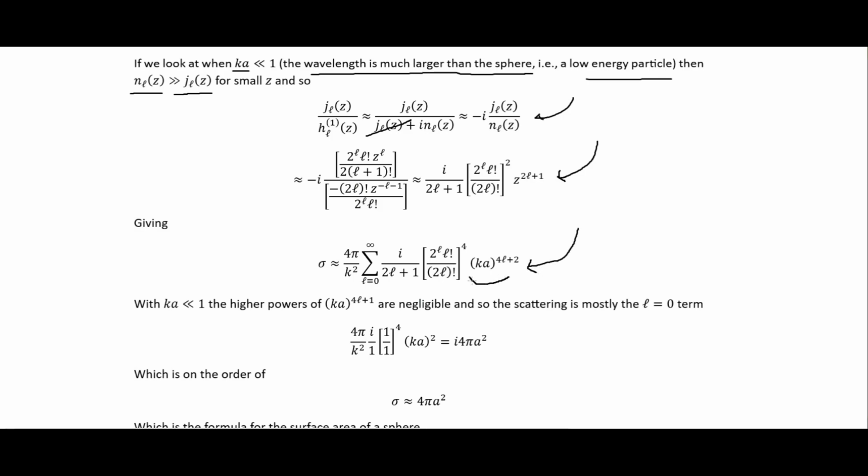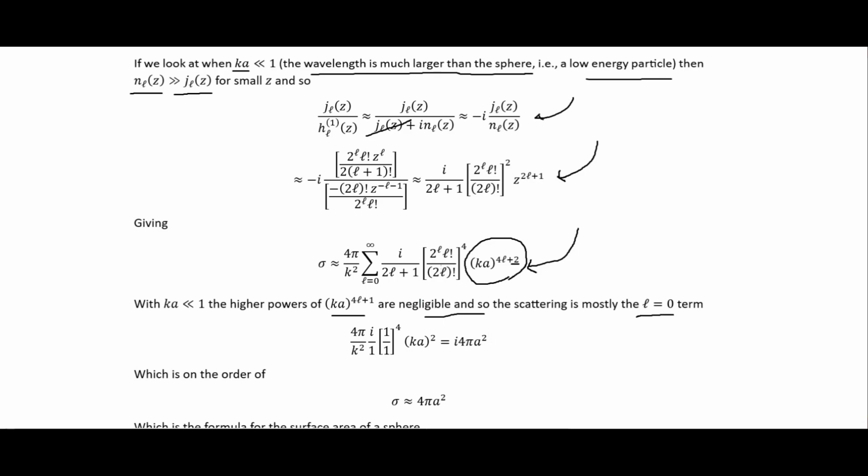But we look at this, and so when our ka is much less than 1, then the higher powers of this, because even if L is equal to 0, we're raising it to the second power, those higher powers are going to be negligible. So the scattering is going to be mostly from this L equals 0 term.